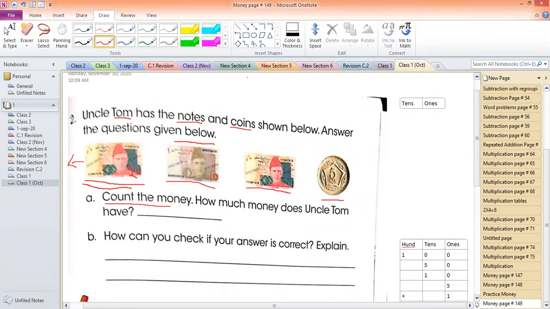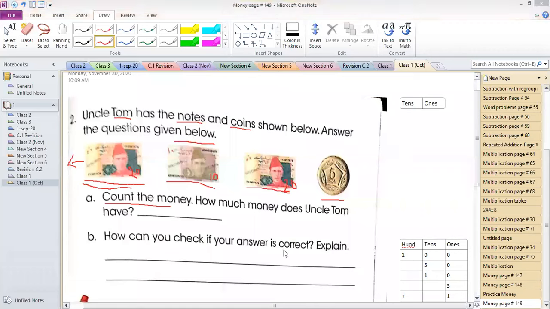It is the currency note of 20. Look here, we already did it right here, 20. This is the same currency note. I can make it dark for you. This is 20. Right? Very good.